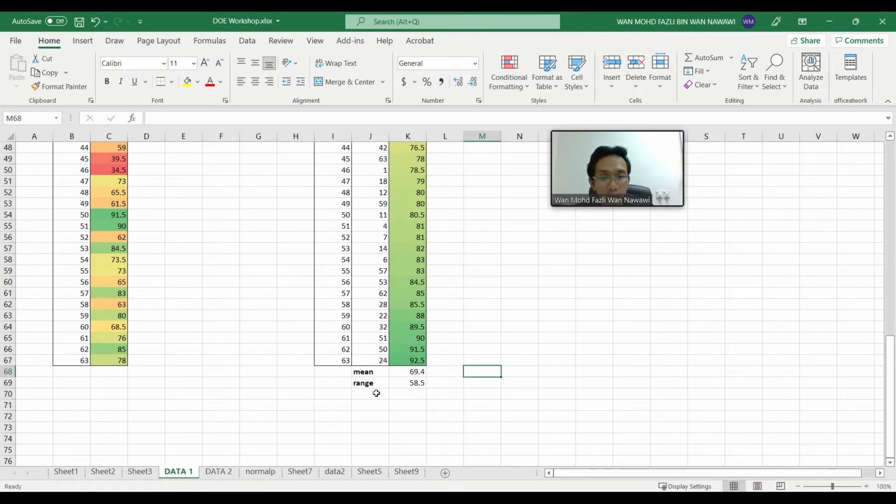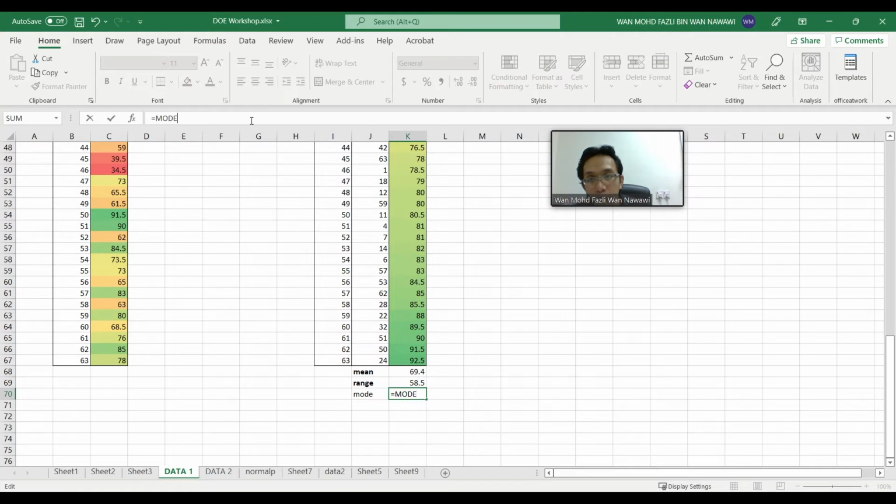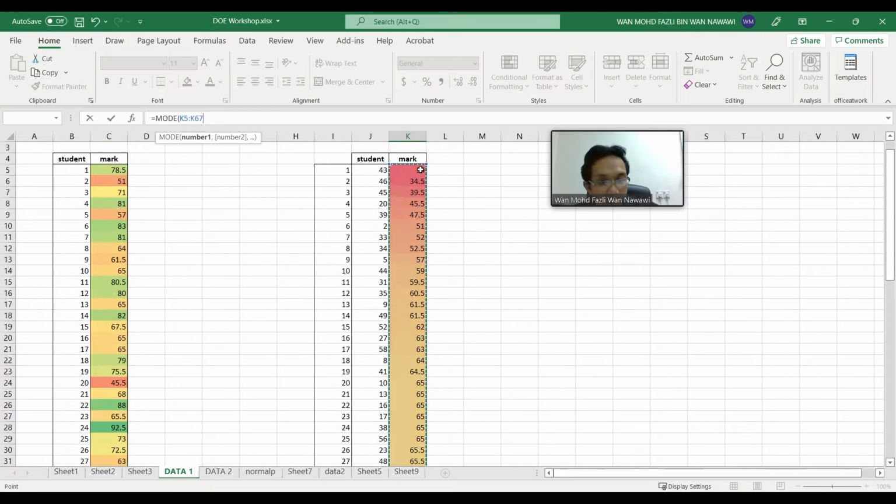You can also find the mode. Mode is basically the most frequent data in the data set. You just put mode, find it from the data, and then enter.